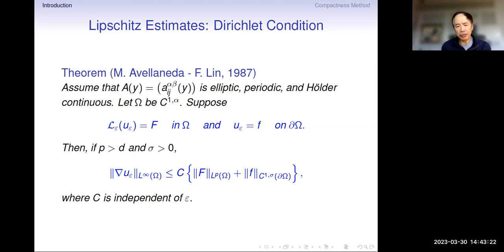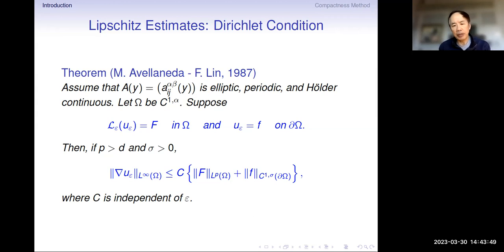If you allow C to depend on epsilon, then this is well known in classical PDE textbooks. This theorem is more or less optimal in several aspects. First of all, I already mentioned the domain has to be C1 alpha, not true for C1.